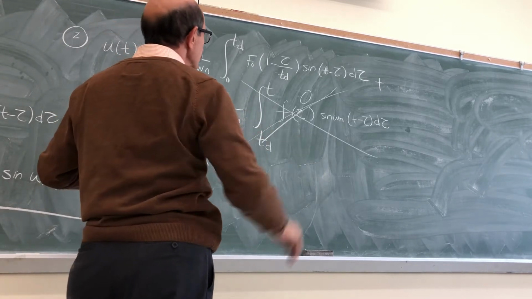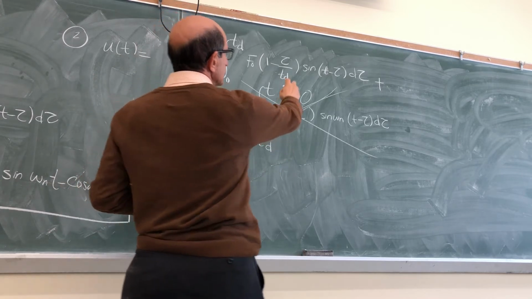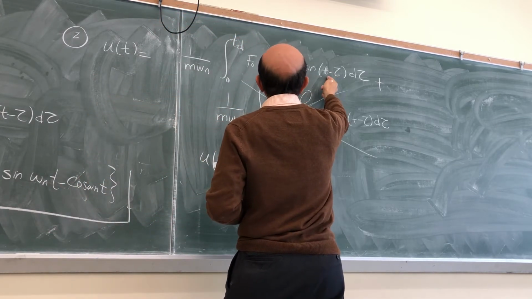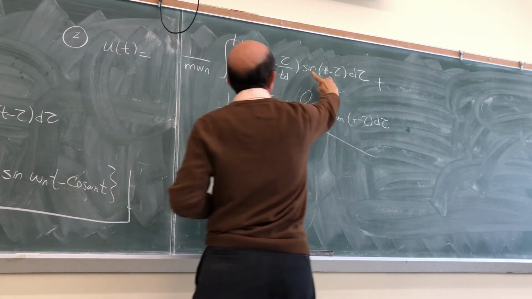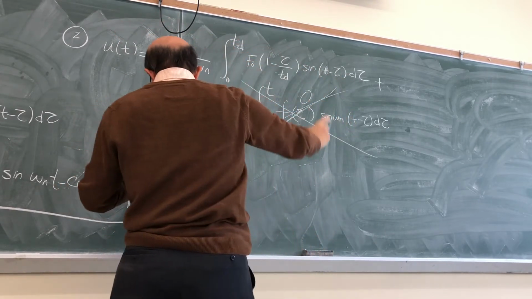I won't go through the details of that, but again, as you can see, sine of t would be constant coming out, so you have to expand this, integration by parts, and so on.